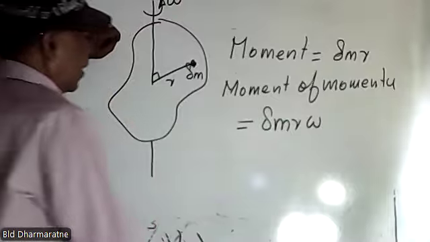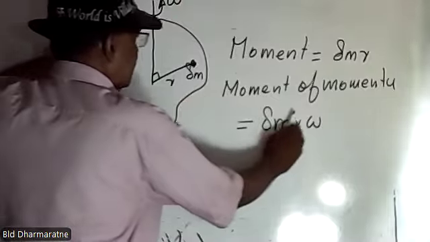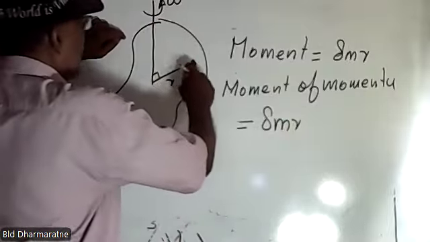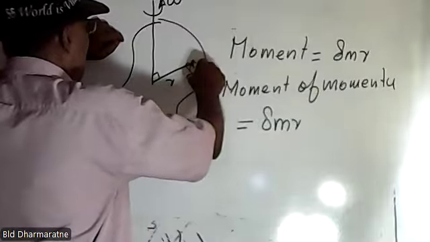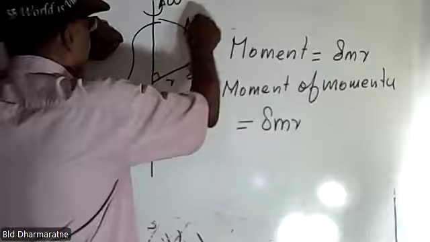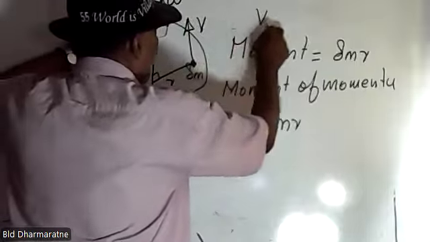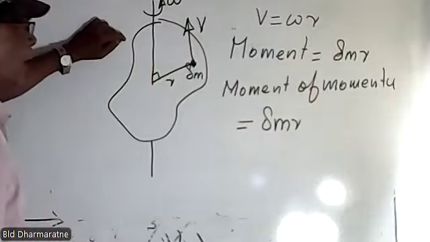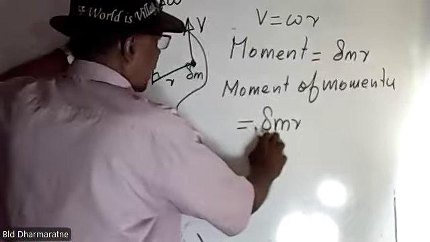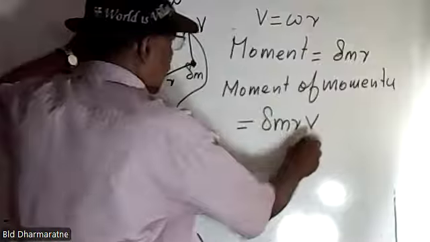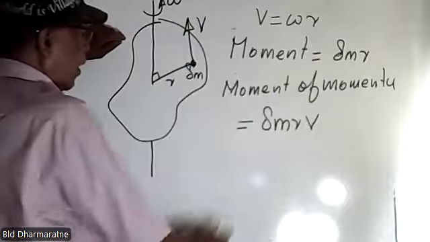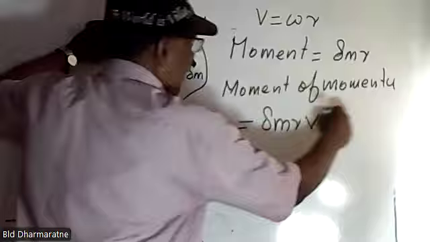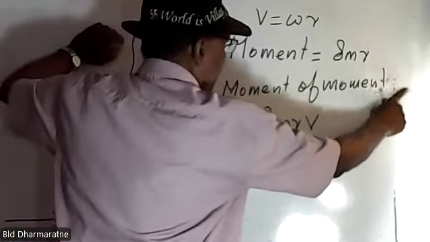R into omega is the linear velocity, which we call v, and v equals omega r from the previous lessons. Therefore delta m r v is called the moment of momentum: momentum may take moments again, moments of moments.